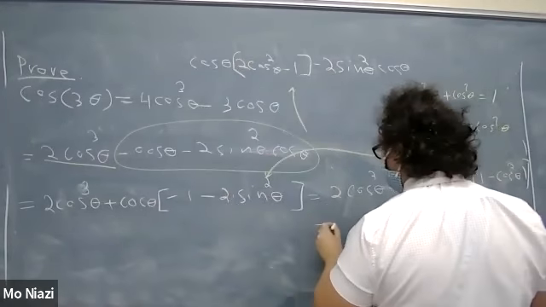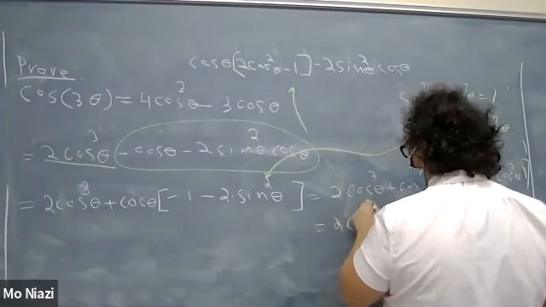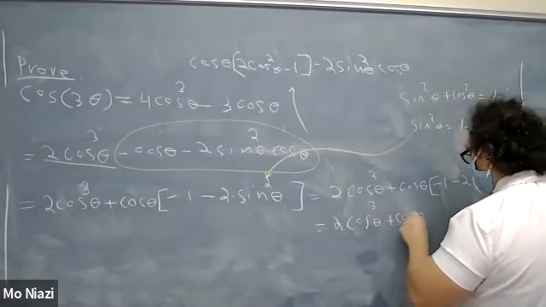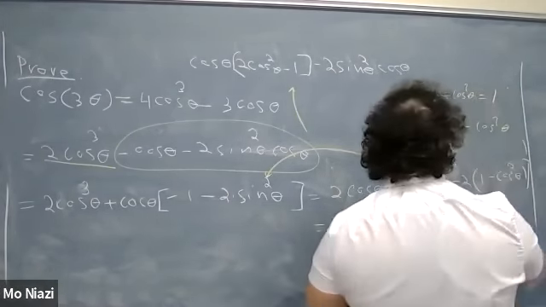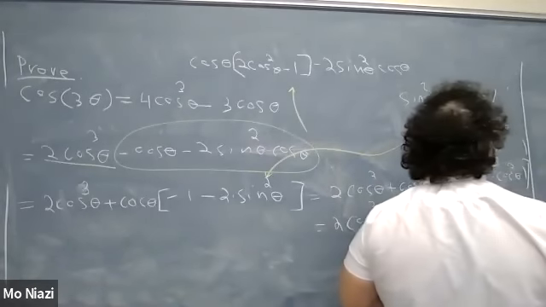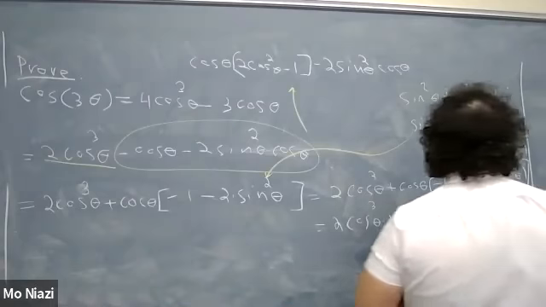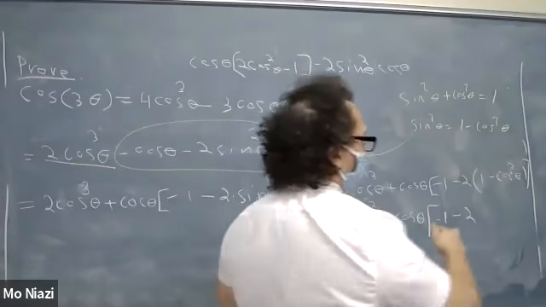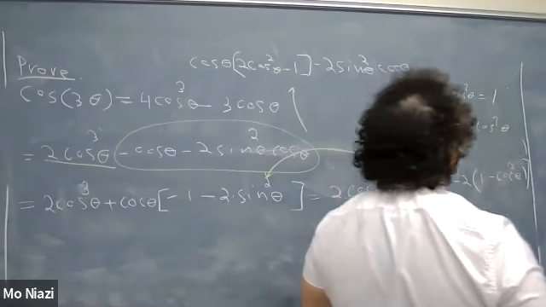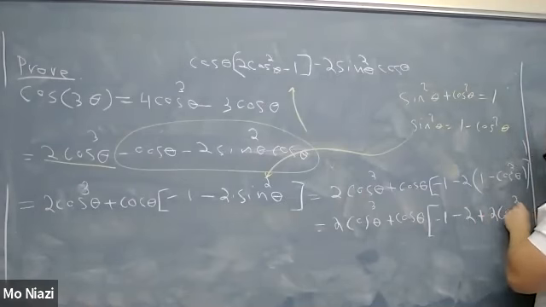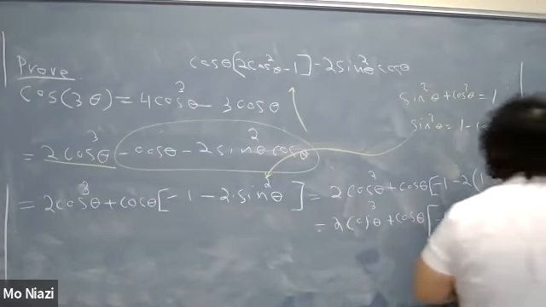Bringing this down, notice that this is 2 cosine cubed theta plus, let's deal with what's inside these parentheses here. Cosine of theta multiplied times this -1 is just -1, and this -2 distributes to these two terms. So this -2 times a -1 gives me a negative, this -2 times a +1 gives me a -2. Then that -2 distributed to this gives me a positive 2 cosine squared theta. And this is all being multiplied times the cosine of theta.